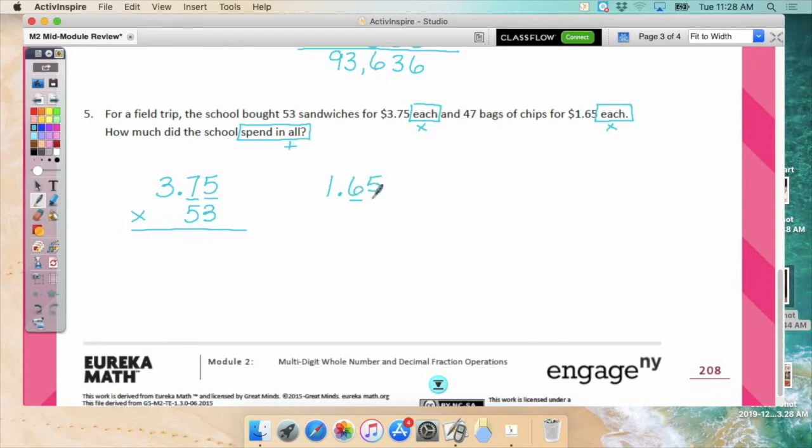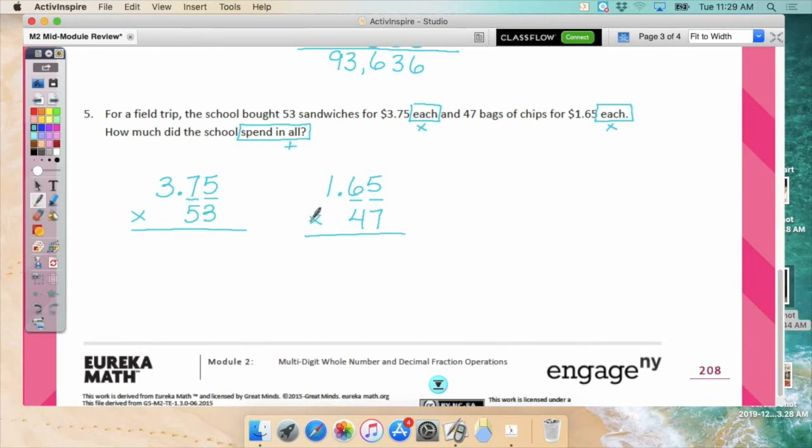Now, did you notice me underlining digits in decimal place value? Okay, so when you get to your answer, are you going to have to underline digits in your decimal place value? Yes. Okay. So we've got multiply, multiply. I did that. Then what do you think in all is going to have me do? Add the answers together.